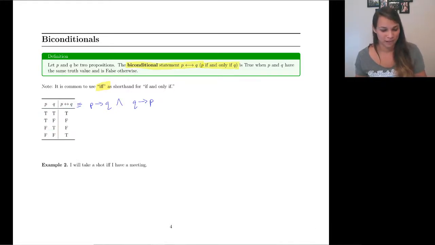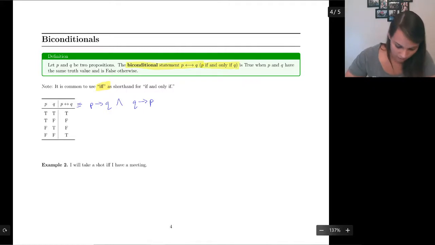So for example, if I were to say, I will take a shot if and only if I have a meeting, it means that going forward, I will take a shot implies that I must have a meeting.